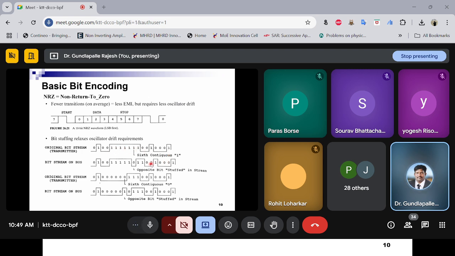Now let us put a checkpoint: for every 5 bits, on the repetition of the sixth one, we are going to stuff a 0, an opposite bit. Then the new bit stream will be, after 5 ones, 1 2 3 4 5, after the fifth bit, the sixth one is replaced with 0, or we are going to stuff a 0 at that bit.